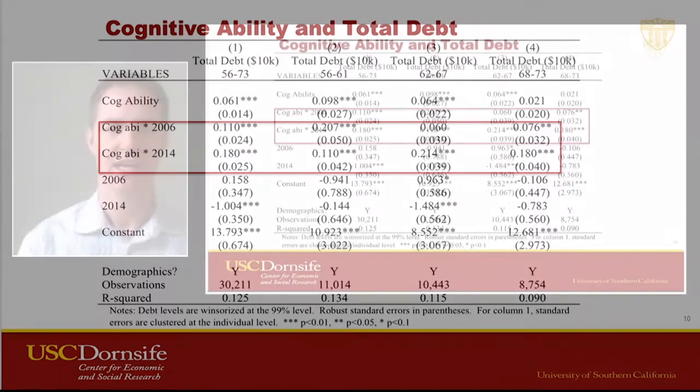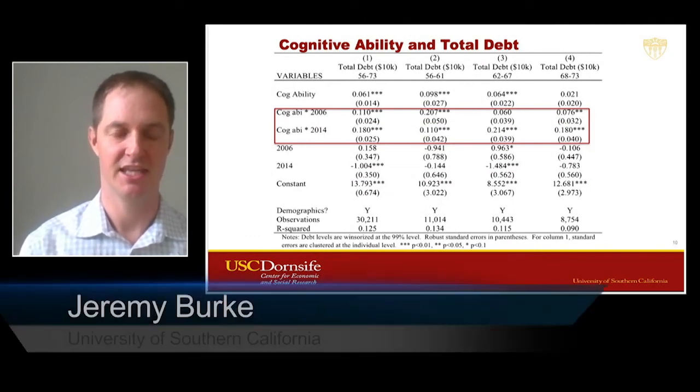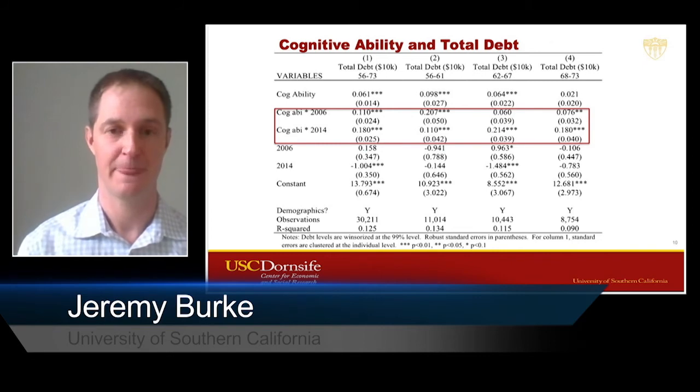This is broadly inconsistent with the story that Susan outlined at the beginning of the session, where financial intermediaries are pushing unsophisticated households into increasingly complicated financial instruments and leading them to be highly indebted. Rather, we see that debt burdens are disproportionately increasing among individuals with higher cognitive ability.